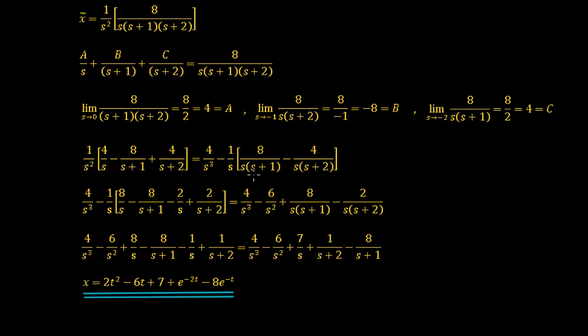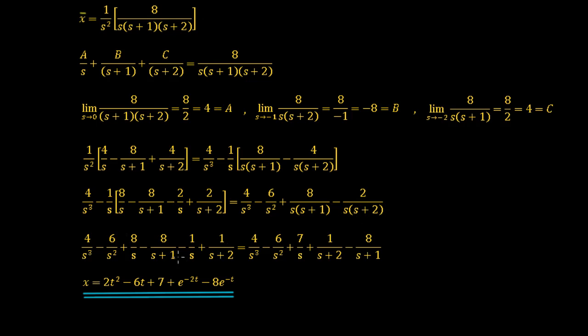We've already taken out the common factor of 1 upon s, and we'll be left with, now these will get split up into 8 upon s minus 8 upon s plus 1, and this one is going to give us 2 upon s minus 2 upon s plus 2. So you can check that these two add together to get this here. So that's going to give us 4 upon s cubed minus 6 upon s squared plus 8 upon s plus 1 minus 2 upon s plus 2.